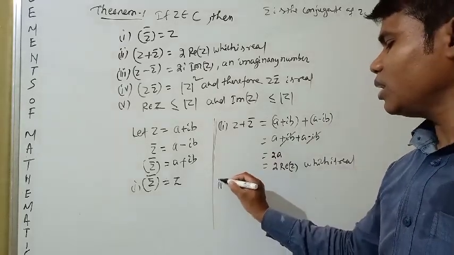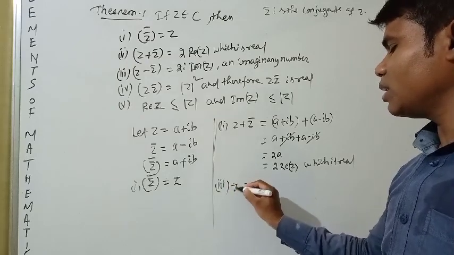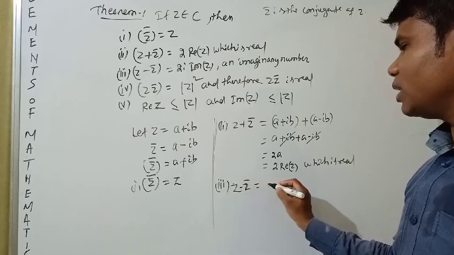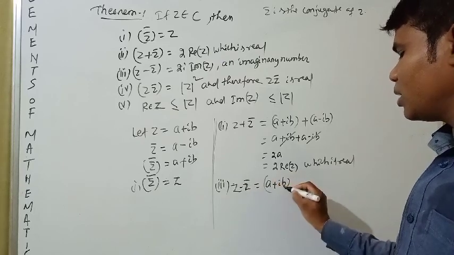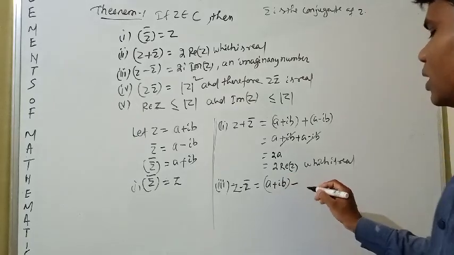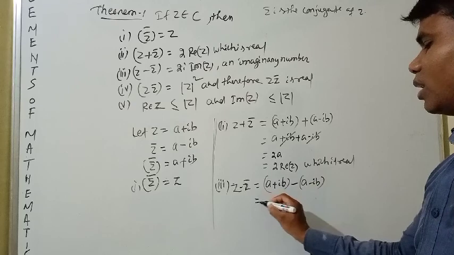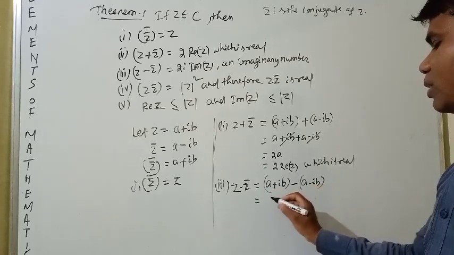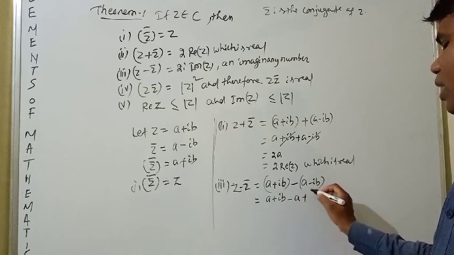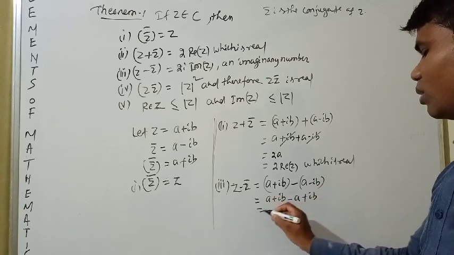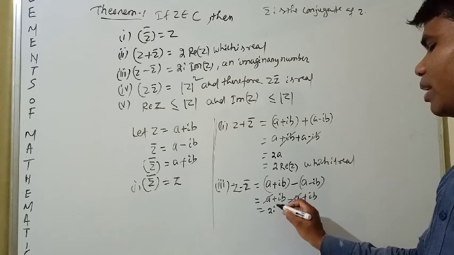Now bit 3: Z minus Z bar. Z is equal to A plus IB, and Z bar is equal to A minus IB. A plus IB minus A, minus minus becomes plus IB. Plus A minus A cancel out, that is 2IB.